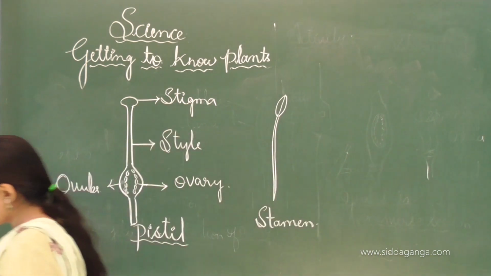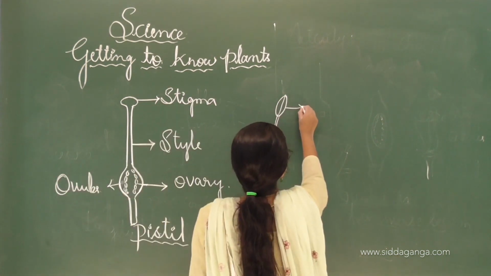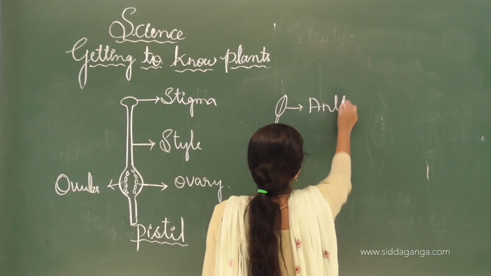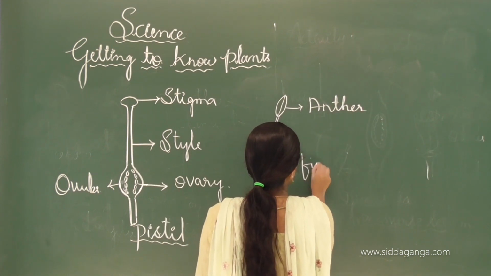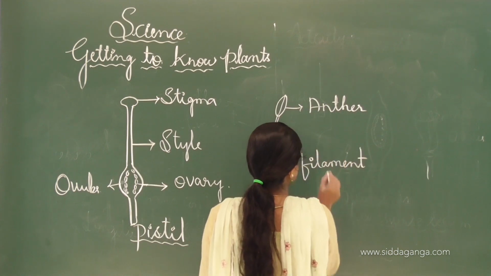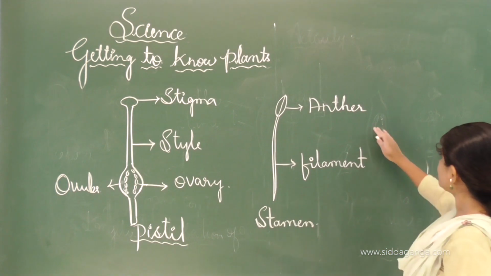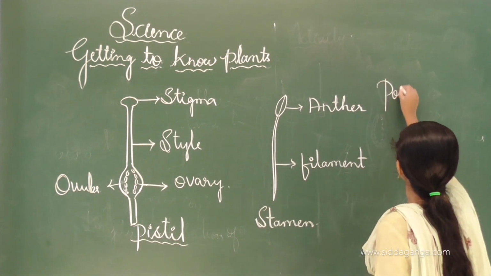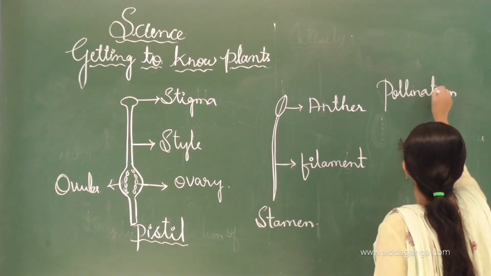This is the diagram of the stamen, where this diagram is divided into anther and the filament. See, pollination, as I told you, pollination.